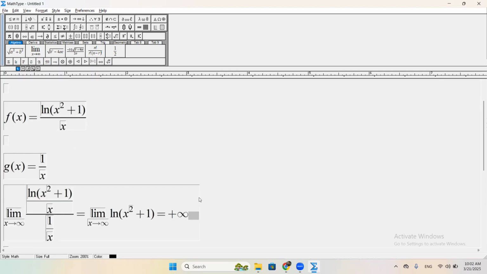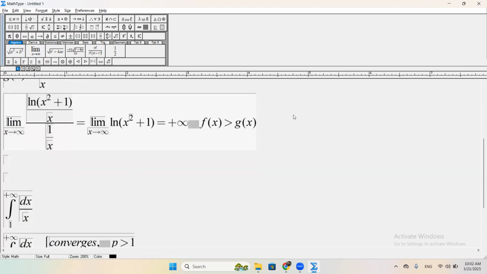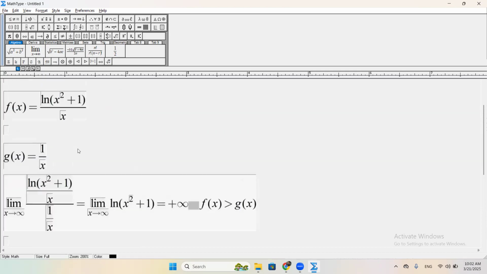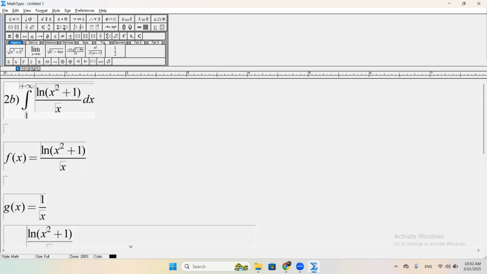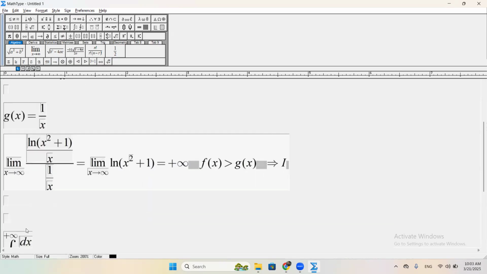As f is greater than g, then this integral diverges, and so integral I diverges. So both these integrals diverge.